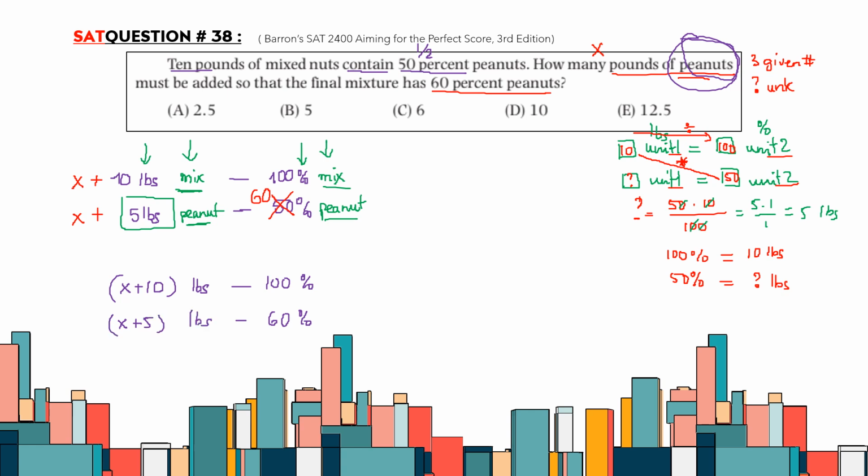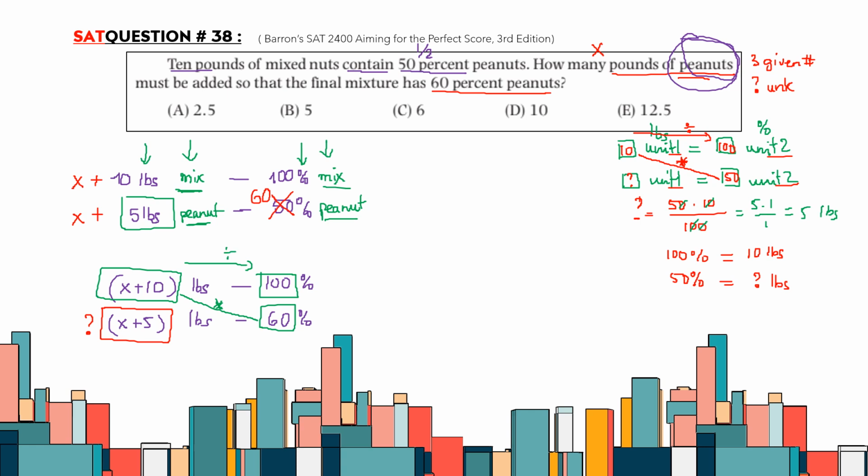You will ask me, I don't see any question mark here. The thing is, we have to find X. So I want this spot to be my question mark. The given is X plus 10, pretending that I know X. Cross multiply, then divide by the rest.